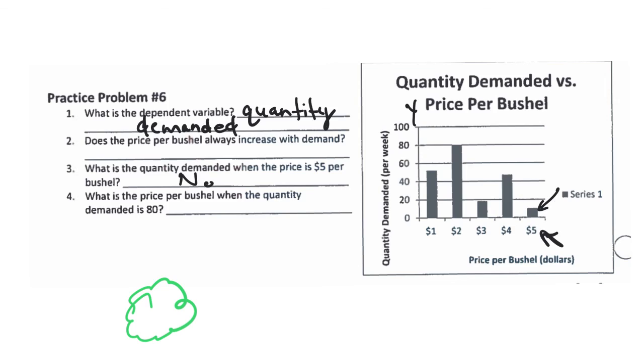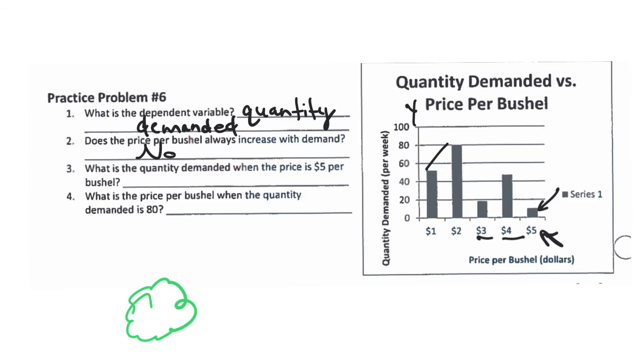Oh, whoops, put that in the wrong spot. No, the price per bushel does not always increase with the demand. It increases here, but over here the prices go up and the demand went down. So that's why I'm saying no. What is the quantity demanded when the price is $5?